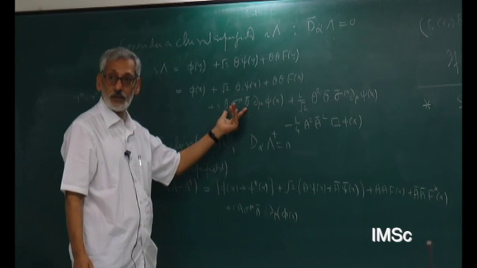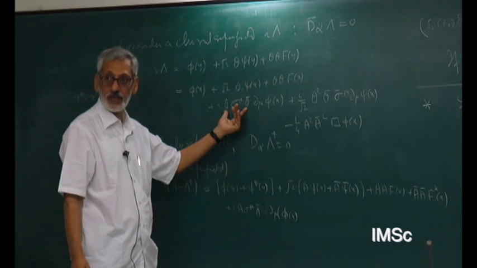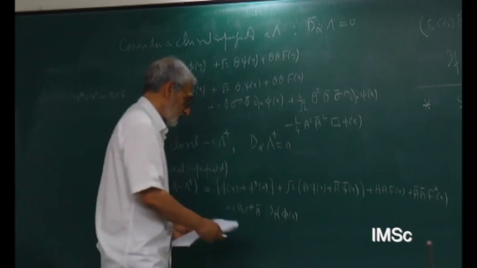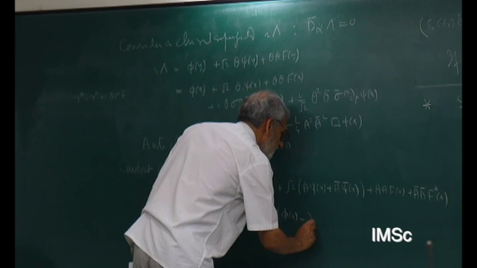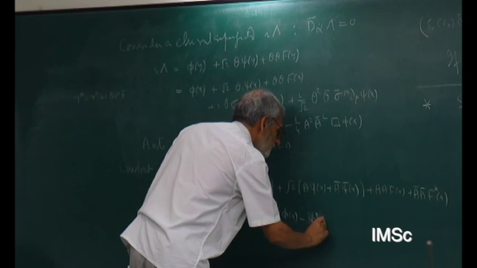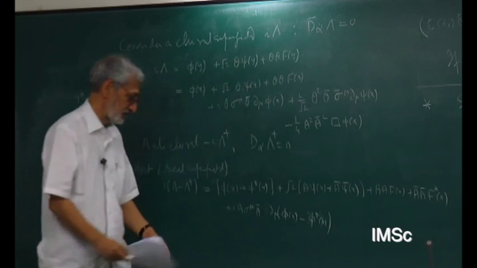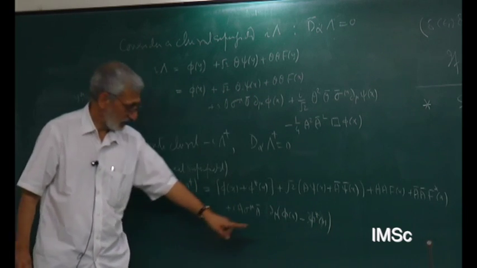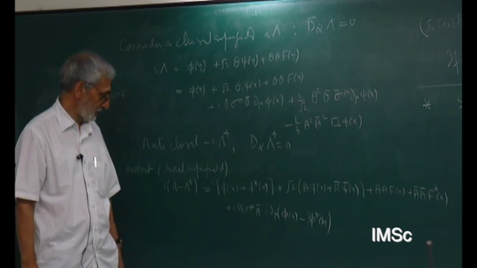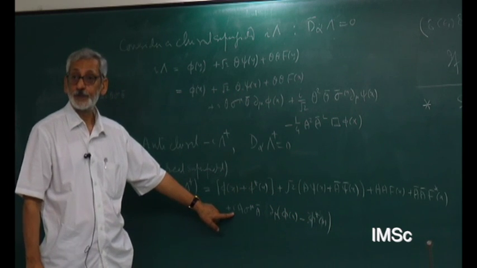Theta sigma mu theta bar is self-conjugate, but i changes sign, so we get the difference phi minus phi star, because of this i inserted in front.